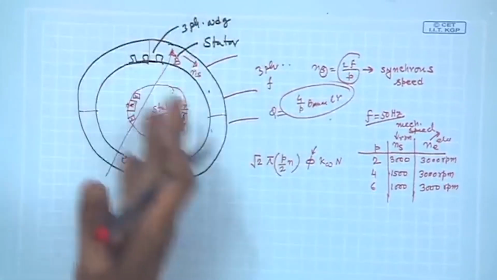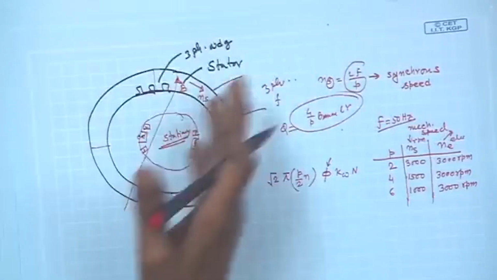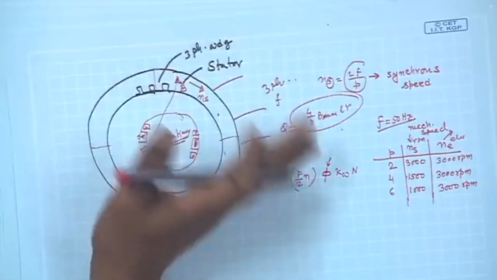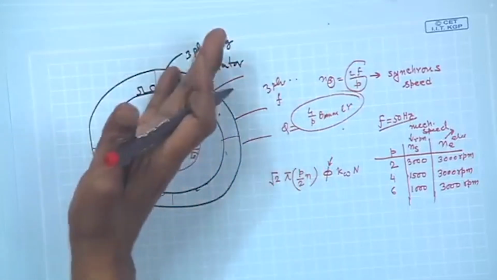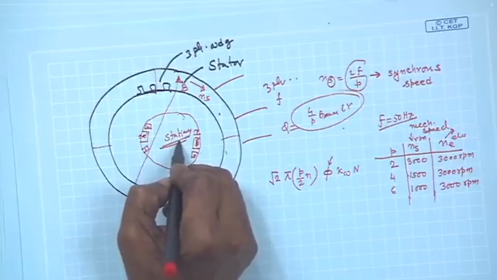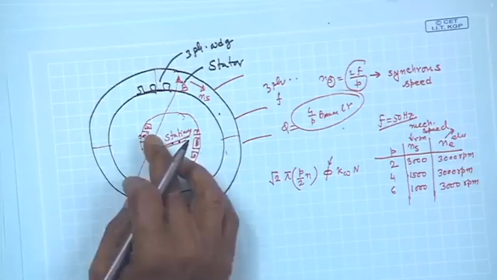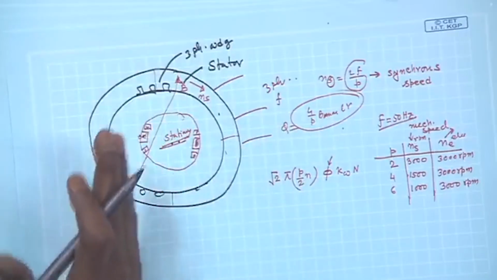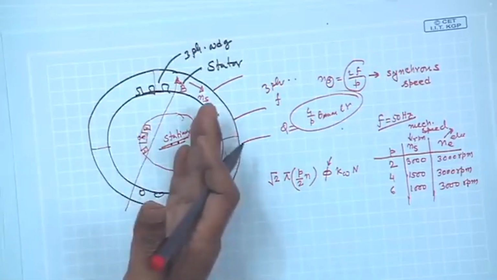In this case, there is nothing mechanically moving. So, 3 phase supply, rotating magnetic field, coils are stationary. This fellow is also stationary, I have not allowed it to move, it is held. Therefore, flux linkage changes, there is supposed to be induced voltage, and what will be the induced voltage?